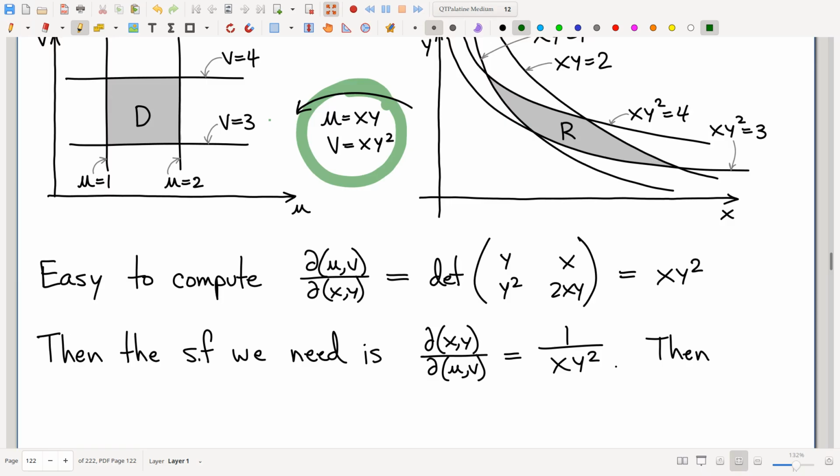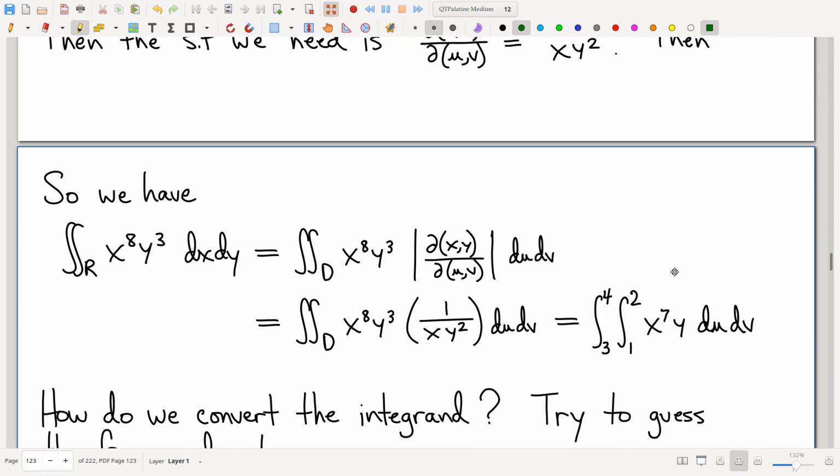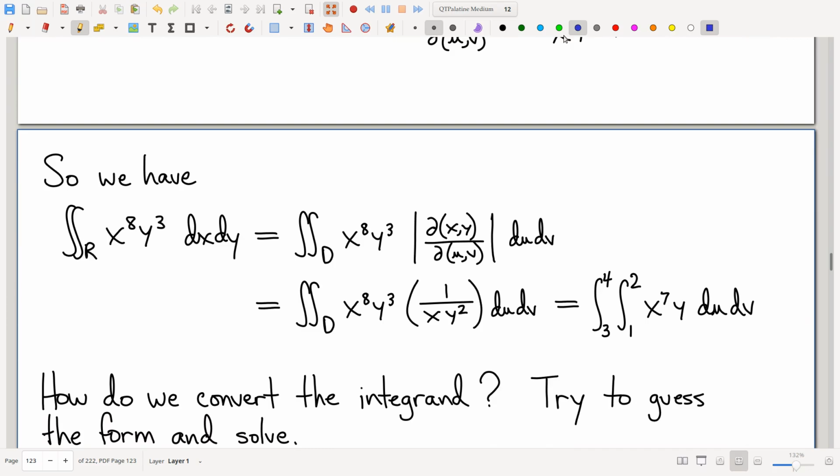I know how to solve for u and v in terms of x and y, so I can compute those partials. I can take that determinant. I get that stretching factor, and I claim that's just not the stretching factor I need, and let me show you why we need the reciprocal. Don't forget, we started with this as our integral. This is what we need to compute.